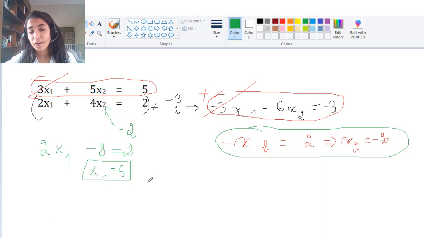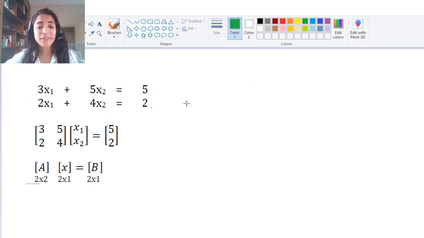Now, what if I want to solve this system by using the matrices? In fact, guys, I can convert this system into a matrix times another matrix is equal to another constant matrix. So let's see how.